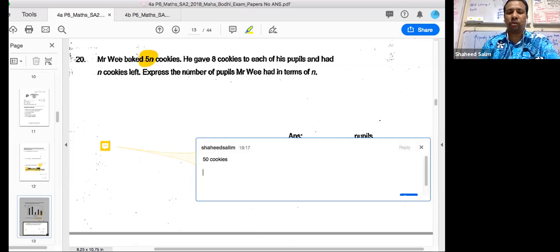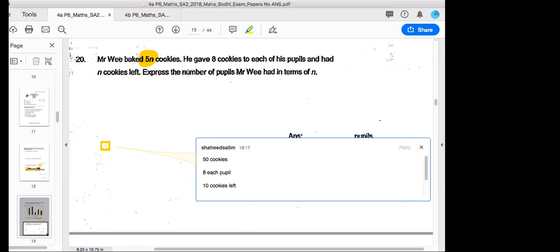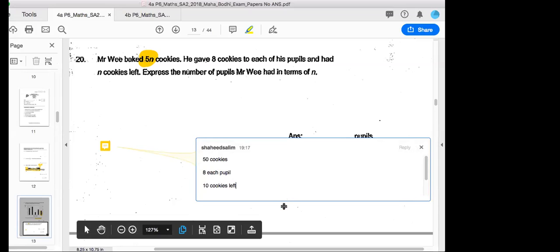Each pupil received 8. And then after that, let's say I'm going to just throw a number, he got 10 cookies left. And they ask you, what is the number of pupils? Do you know how to do?